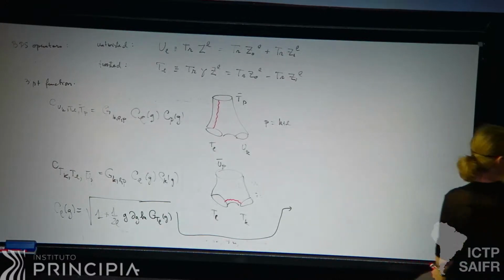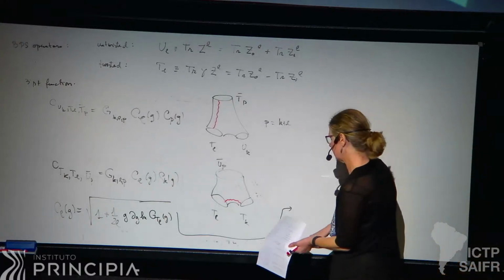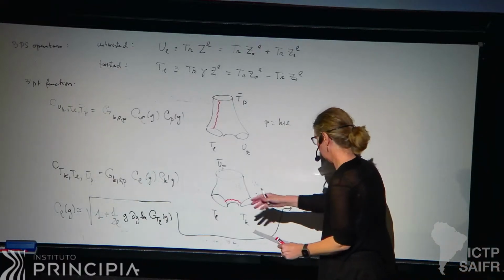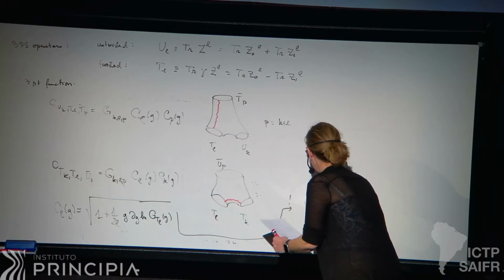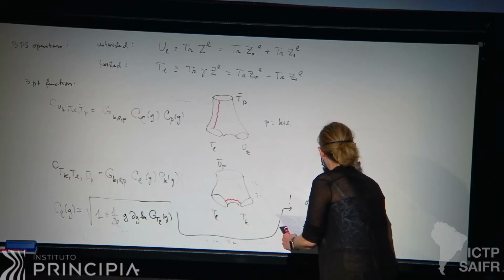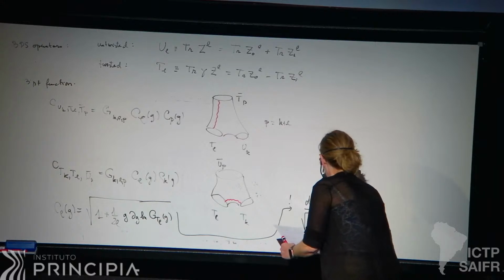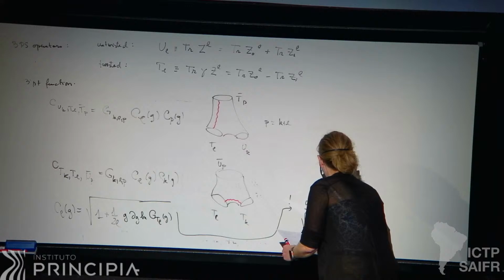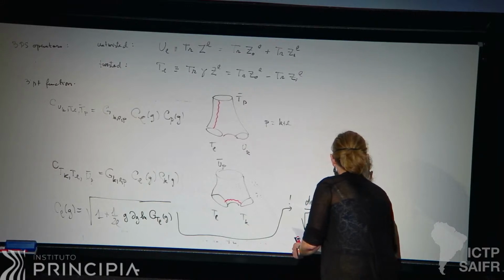So G is the one from this formula. So it looks like there is a non-trivial identity which says that it is determinant of 1 minus K L plus 1 divided by square root of determinant 1 minus K L times determinant 1 minus K L plus 2.